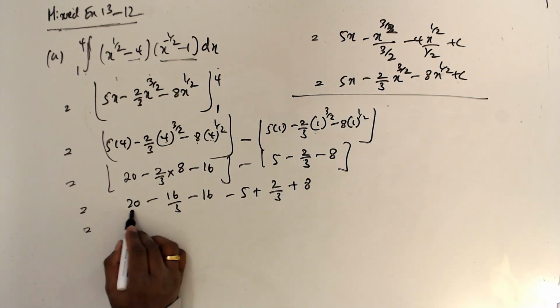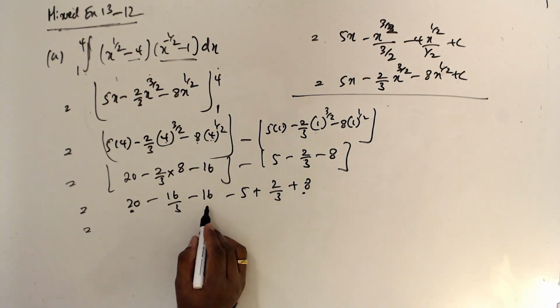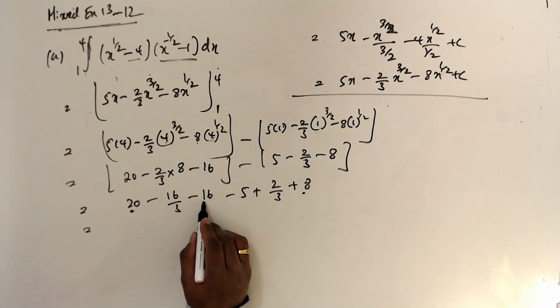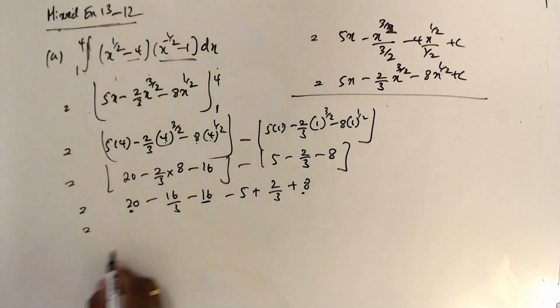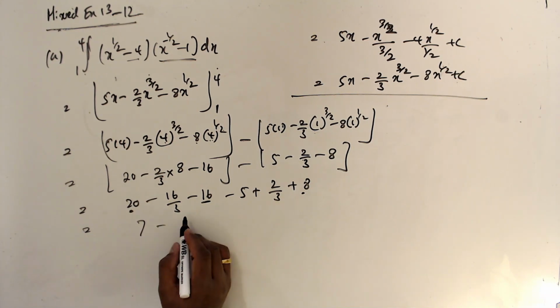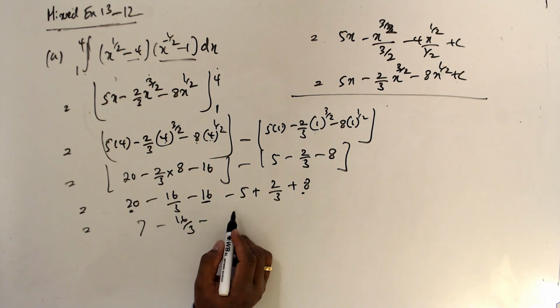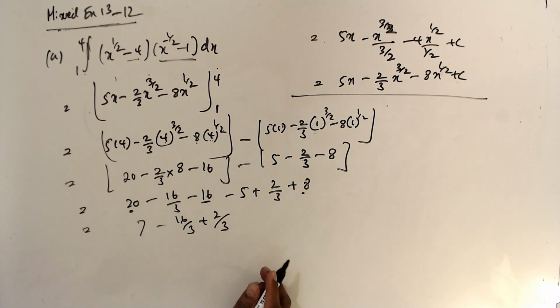So this is 20 plus 8, 28. 28 take away 16, 12. 12 take away 5, 7. Then minus 16 over 3 plus 2 over 3.